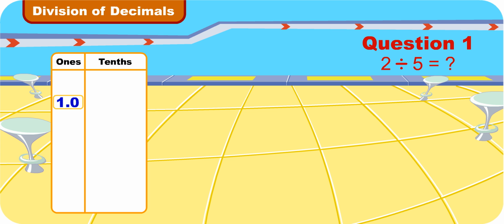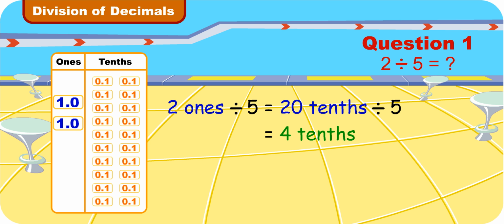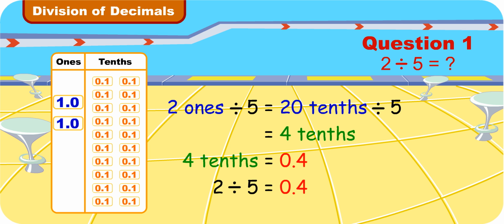Since 1 one equals 10 tenths, we can rewrite 2 ones as 20 tenths. 20 divided by 5 equals 4. Thus the answer is 4 tenths, which is 0.4. 2 divided by 5 equals 0.4. Oh, I think I can understand now.